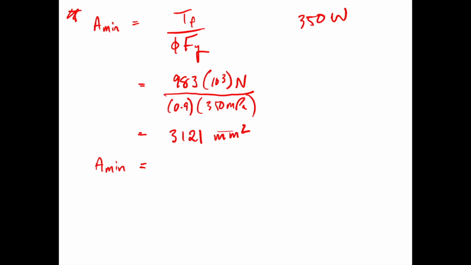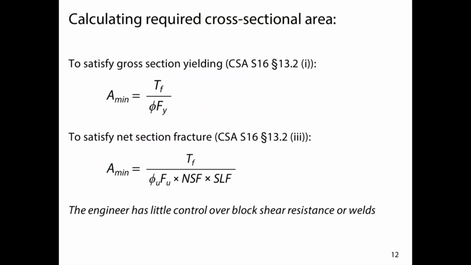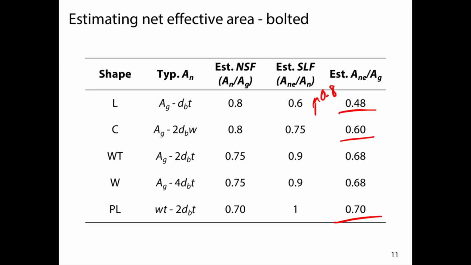Okay. So we're also going to have to do this for the net section, for net section fracture, and we'll estimate NSF and SLF, which are parameters we also add to STAD Pro, so that STAD Pro can pick some stuff for us. And again, if we come to the bolted connection table, we're going to see that we might have 0.8 and 0.75.